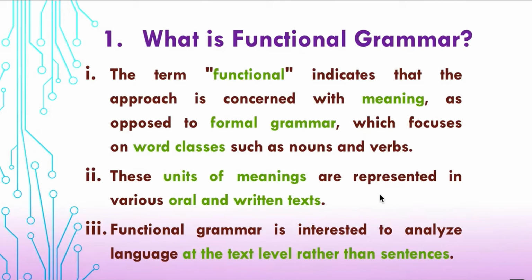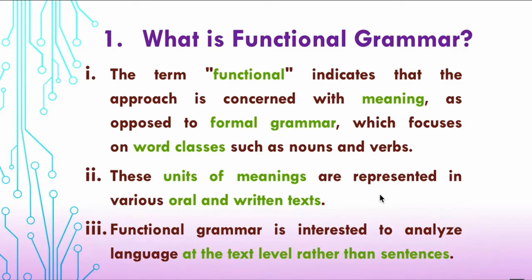Meaning from what? So we derive meaning from texts. And there are two types of text generally. The first type of text is oral text. Oral text means the spoken form. And then we have the written text, that we write. So the texts can be divided into two parts. Text may be oral, text may be written.